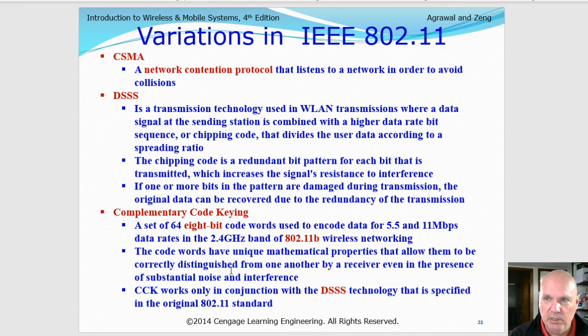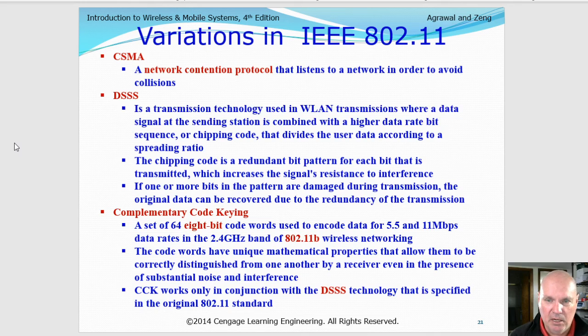So some of these newer techniques used in 802.11, we talked about CSMA last time, but DSSS was direct sequence spread spectrum. If you recall, that's where the digital stream is multiplied by very small pulses in time to get very wide bandwidth, with really narrow pulses.